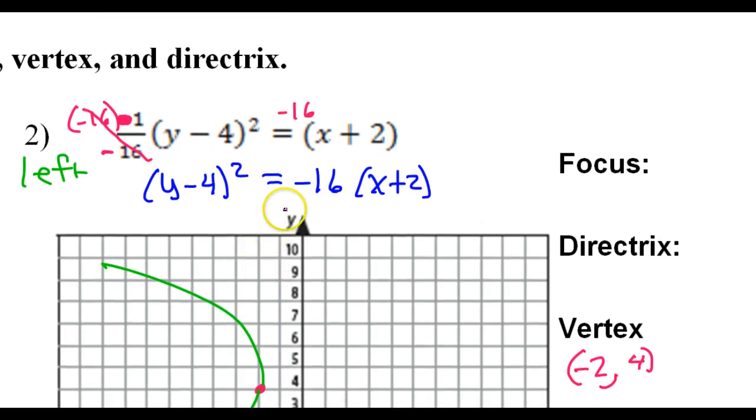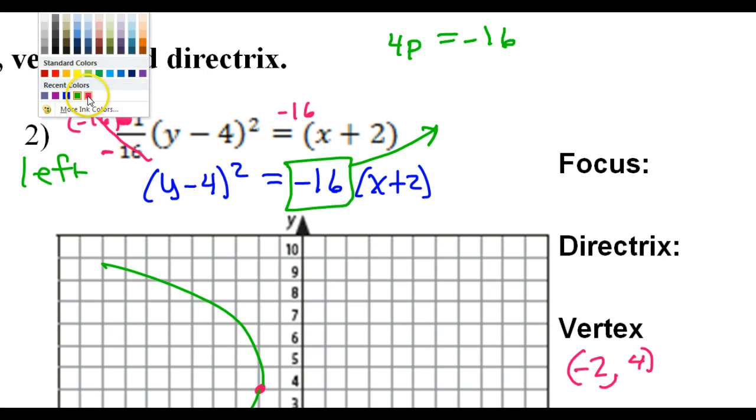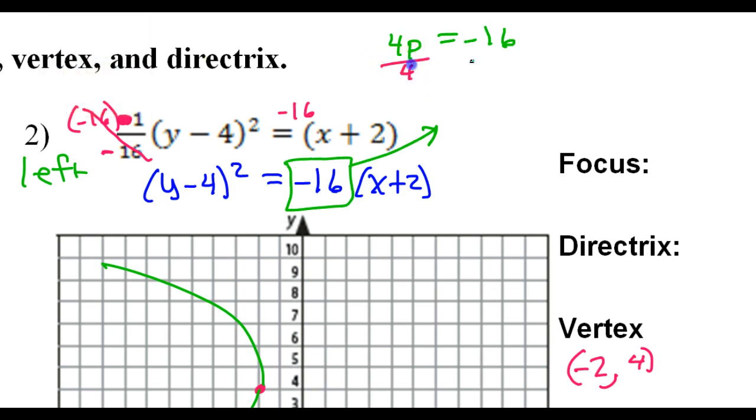To find the focus, we need that p value. All right, see that negative 16? Keep an eye on that, because 4p has to equal negative 16. And we will divide both sides by 4, and that's going to give us that p is equal to negative 4.